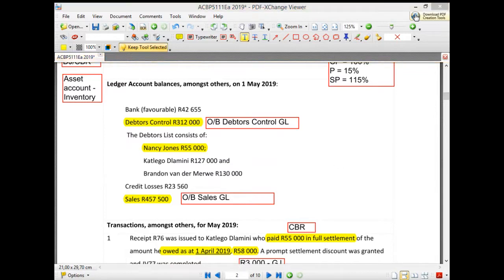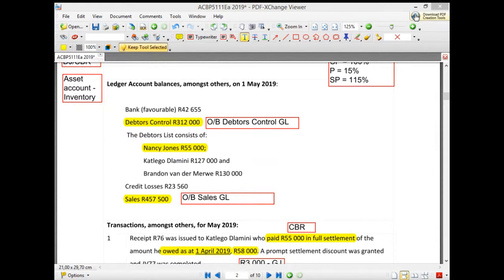On what side is debtors balance? On the debit side. So our opening balance for debtors would be on the debit side. So you write there the 1st of May, the balance brought down, and you capture the 312,000 that was provided in the question.